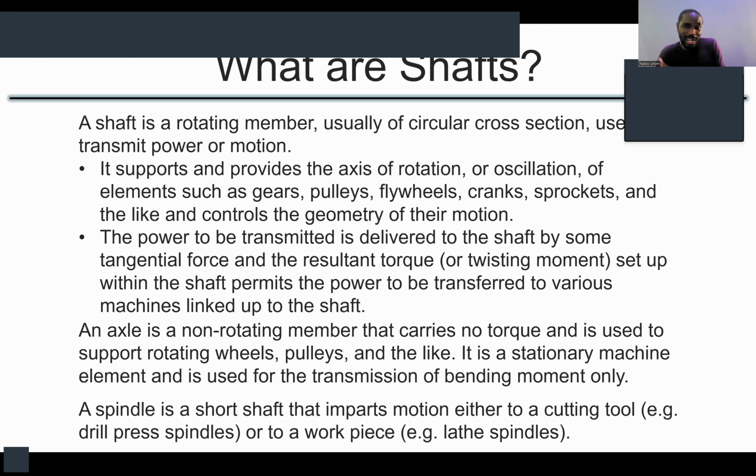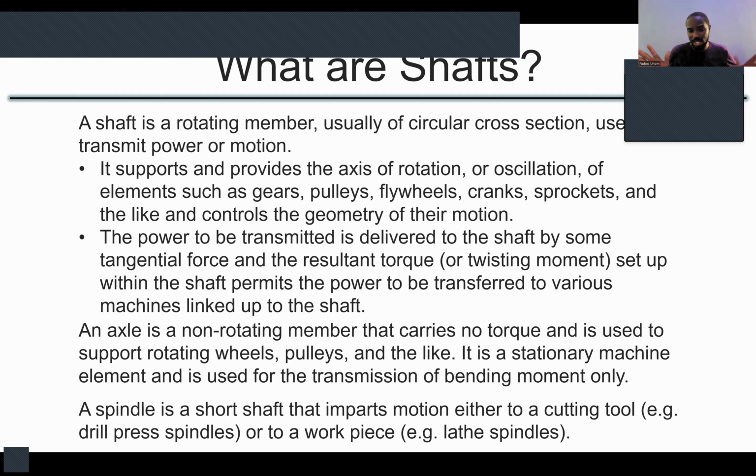That shaft is the one that carries the power. So as the shaft rotates, the power that is causing it to rotate is there. Now, when you are able to connect that shaft to another shaft, it is able to transfer that power from the motor to the shaft that you want the power to be transferred to. And it usually does that using tangential forces.